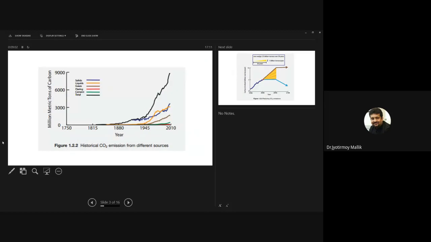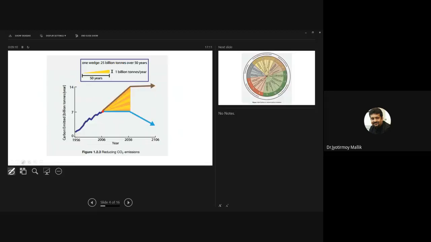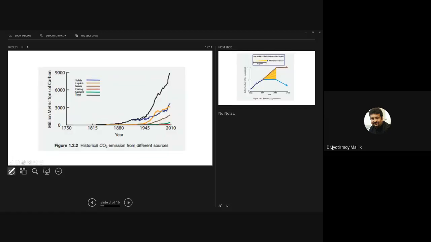Now, what is the scenario of carbon dioxide? This is the historical emission of carbon dioxide from different sources. My apologies, I need to go to the other side. The historical CO2 emissions from different sources.